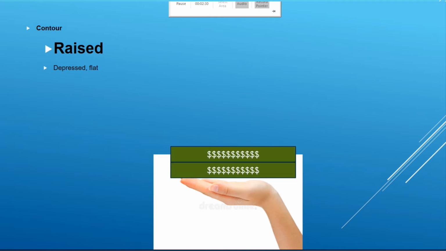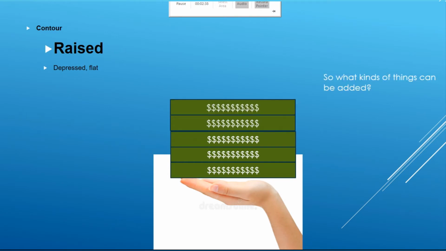If we were to add more dollar bills to that, what happens to that stack of dollar bills? It gets larger, right? So with lesions, it's the same sort of concept. If you're adding something to a cell or adding something to a tissue, that tissue or cell is going to be raised. Okay, so a raised lesion means that there is something being added to the cell or the tissue.